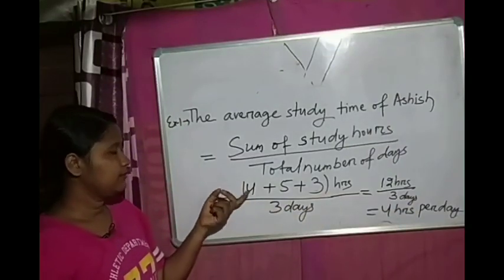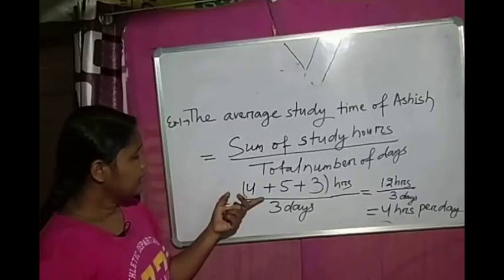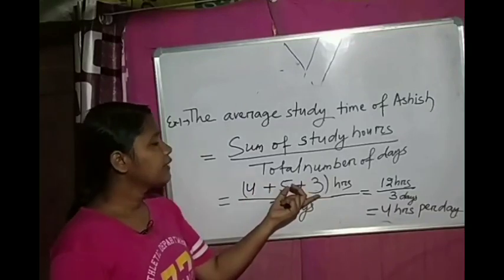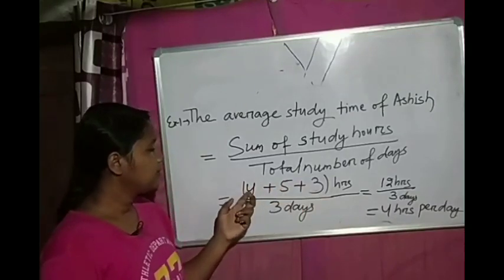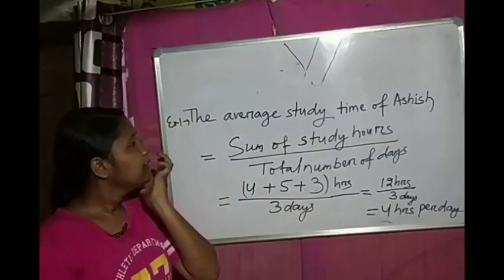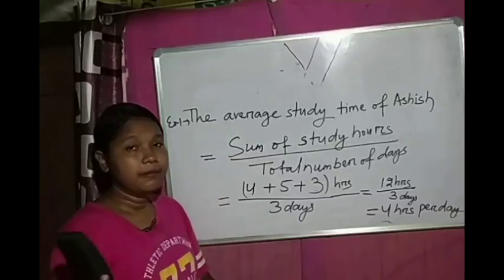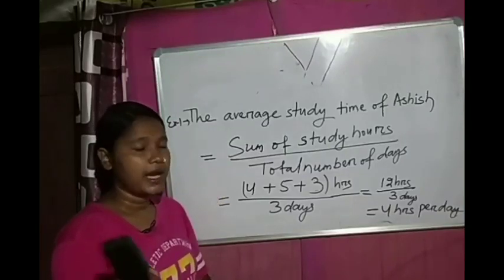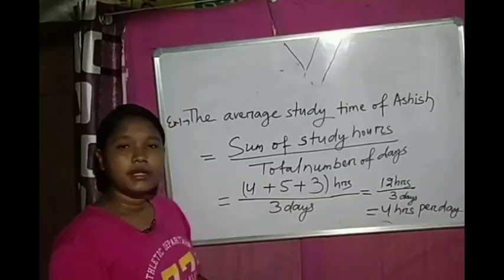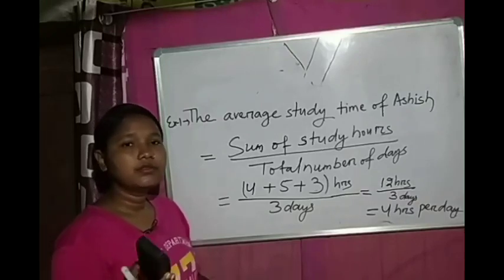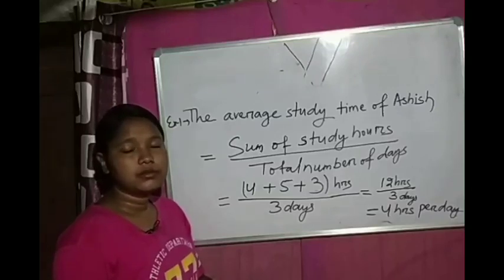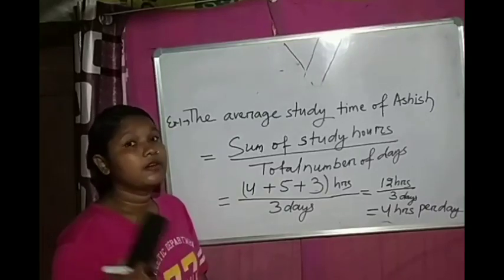One day he studied for 4 hours, the second day 5 hours, the third day 3 hours. Look at that, 4, 5, 3, but the average is 4 hours per day. Those who get the highest score or rank are asked how many hours they study, and they say they study 6 or 8 hours per day.